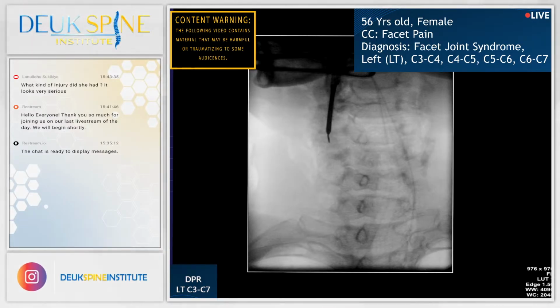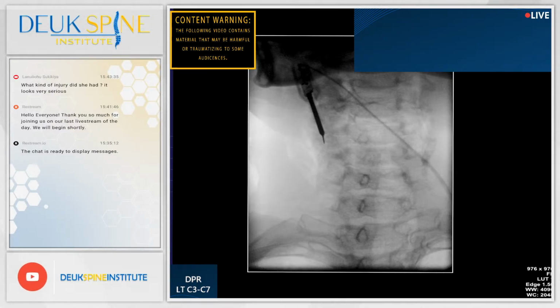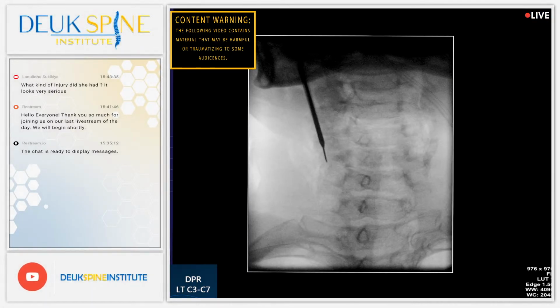What I'm doing, as you can see from our video, is going down and basically cutting the pain nerves. These pain nerves transmit pain signals from the spine right up to the brain, and we want to interrupt the course of pain signals going from the spine up to the brain.